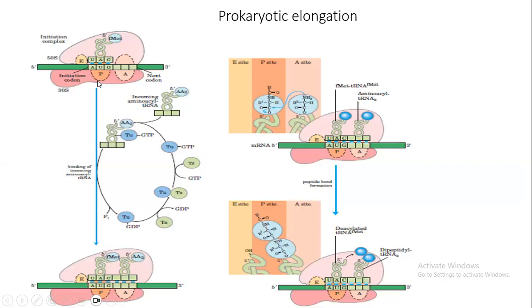So only the first initiating amino acid transfer RNA, when it enters, will bind to the P site. During the rest of the translation process, all the incoming amino acid transfer RNAs will first bind to the ribosomal A site. We basically have the pool of amino acid transfer RNA molecules. The next amino acid transfer RNA that is to bind to the ribosomal A site will first form a larger complex by binding with the elongation factor TU-GTP complex.